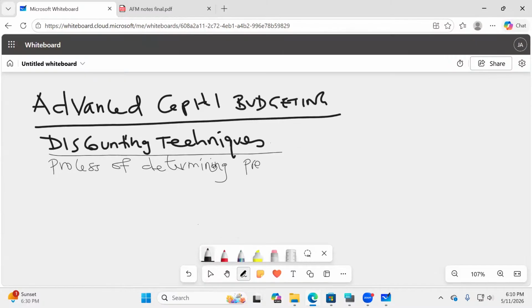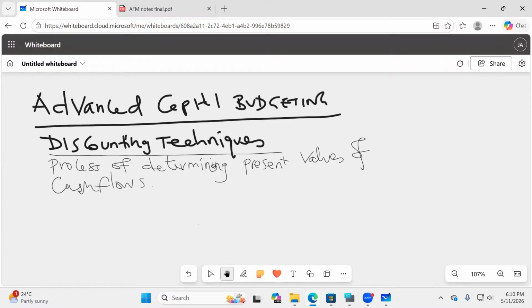The process of determining the present values of cash flows is what we call discounting.